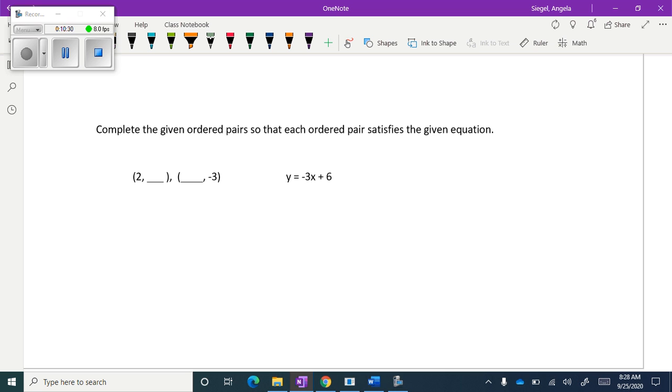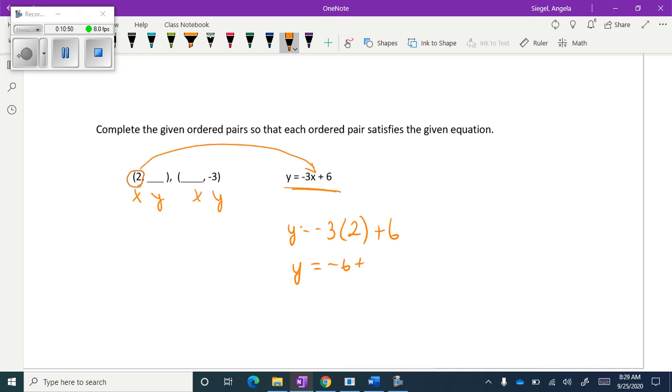Okay, so completing an ordered pair: each ordered pair satisfies a given equation. So we're going to take this and plug it in for my x value. This is my x value, this is my y value. If I plug in 2 for x, I get -6 plus 6, so y equals 0.